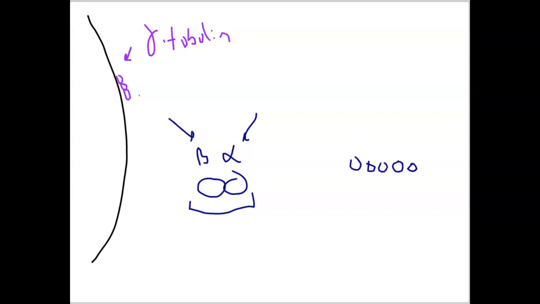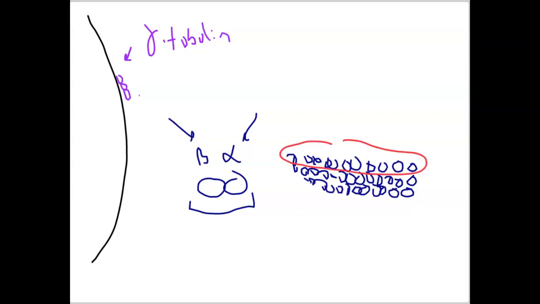Now, to take a little peek into where we're going with this, that microtubule in profile is going to look something like this. Each one of these individual chains of tubulin is a protofilament.